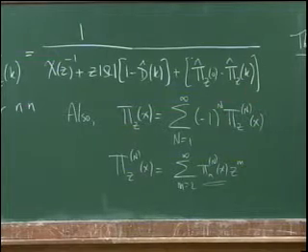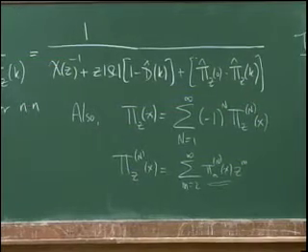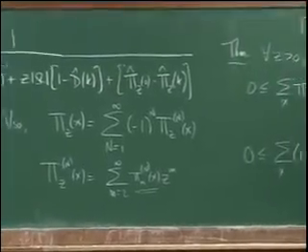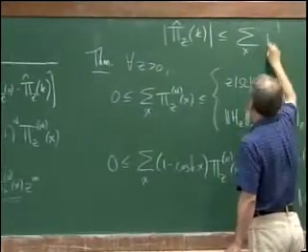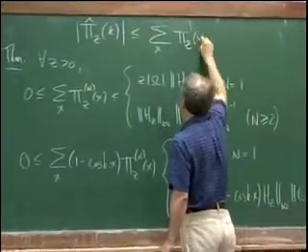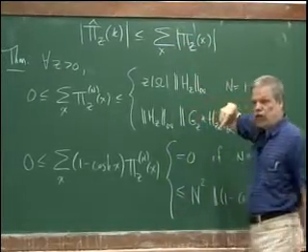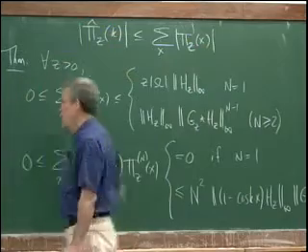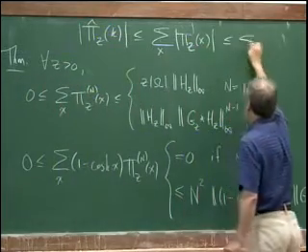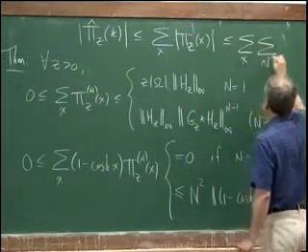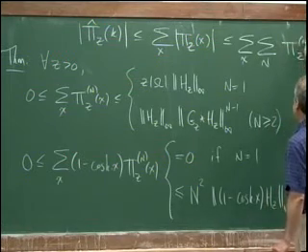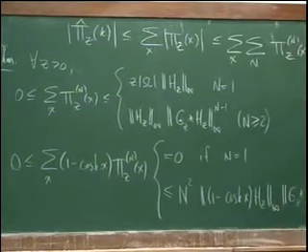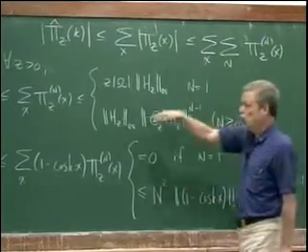I'll use bounds like pi z hat of k is bounded above by the sum over x of pi z of x, by just throwing away the exponential. And then I'll even throw away these minus signs and say that's bounded above by the sum over x and the sum over n of pi z n of x. And that's how we're going to use these.